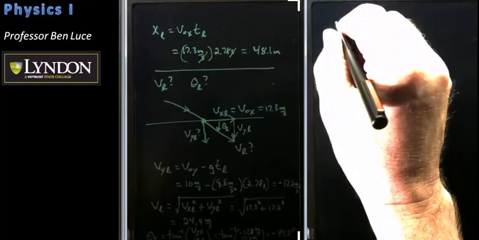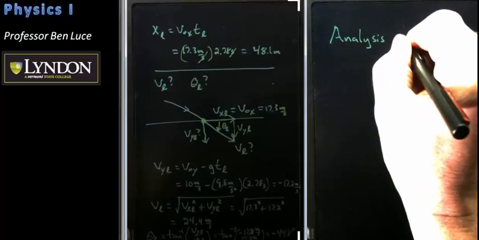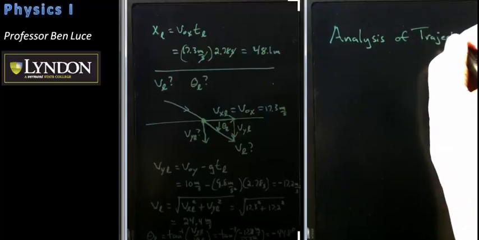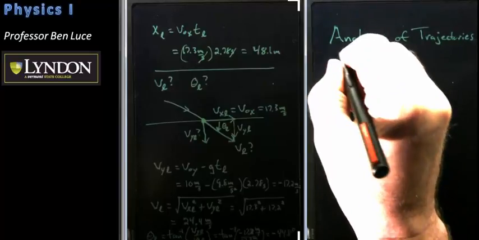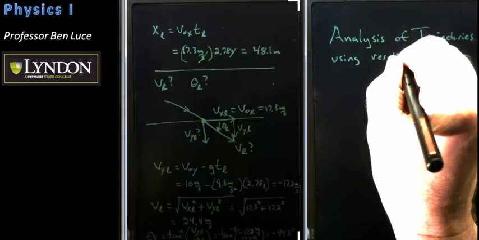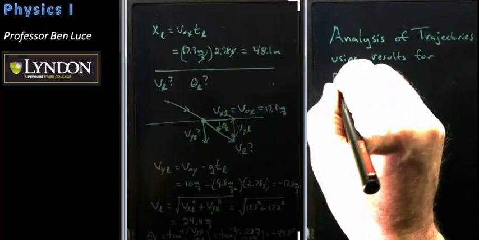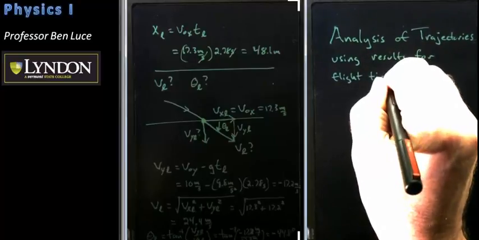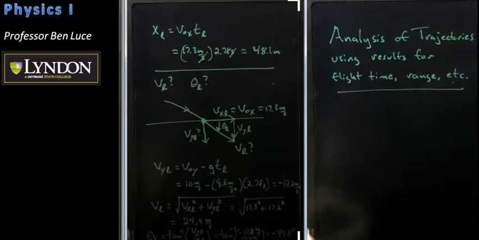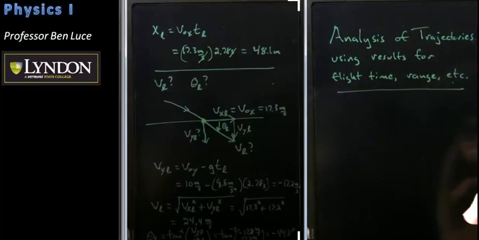And we'll call this analysis of trajectories using results for flight time, range, etc. Okay, the idea here is to develop some insight into what's going on besides just calculating these specific parameters.